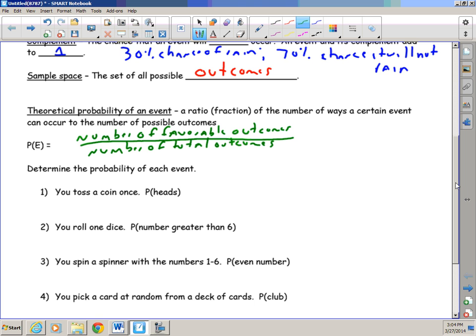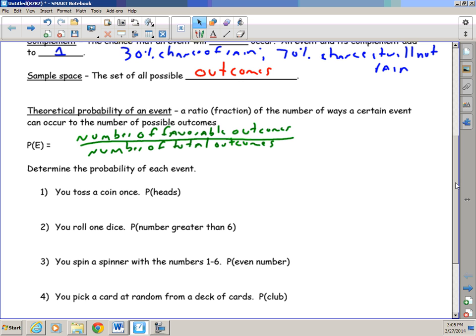Okay? And one of the things to keep in mind is that when we're talking about probability, we're not talking about odds. Odds are a comparison of favorable to unfavorable outcomes. So, in other words, the odds in favor of doing something would be the number of favorable outcomes to the number of unfavorable outcomes, not to the total number of outcomes.